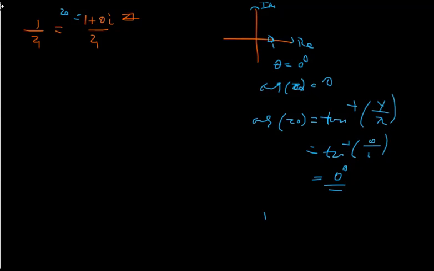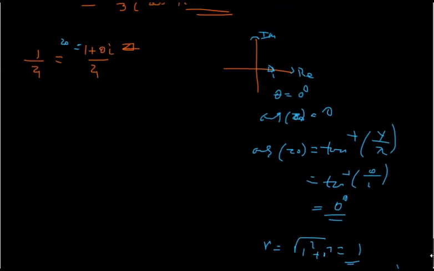Therefore, let's find r, which is the distance from the origin to that particular complex number. In this case it is already the square root of 1 squared plus 0 squared, which is 1. So our polar form of that complex number z naught will be 1 into cosine of 0 plus i sine 0.